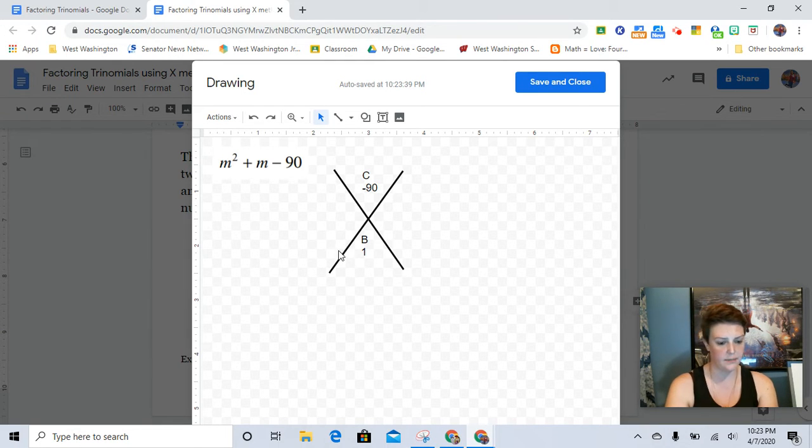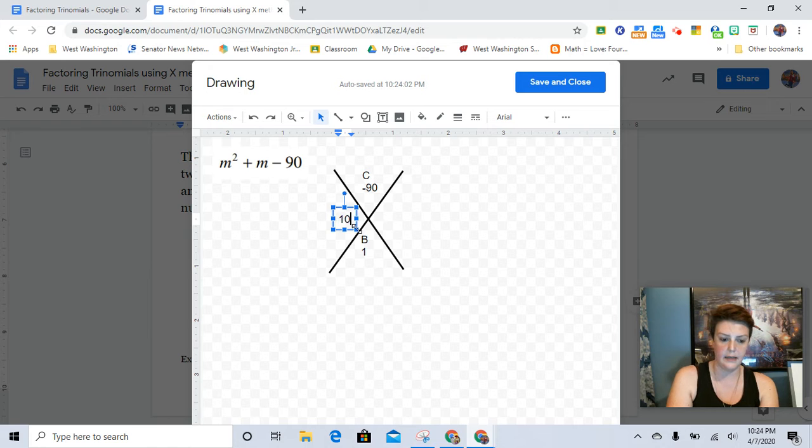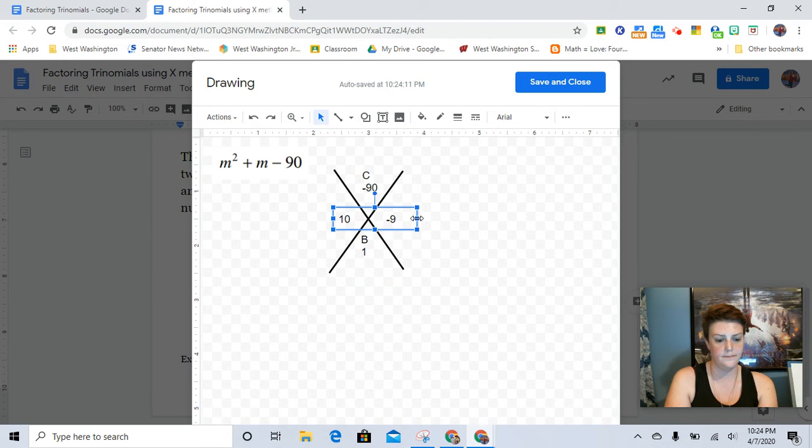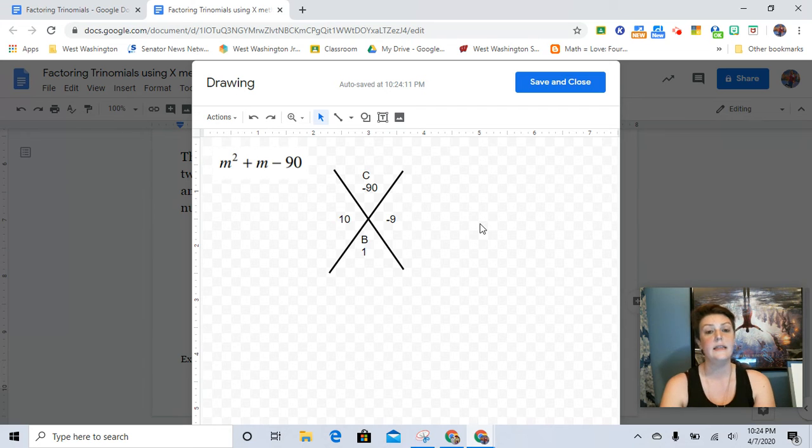Okay, if you need more time, you can pause the video. I'm going to go ahead and tell you. It is 10 and negative 9. There we go. 10 minus 9 is positive 1, and 10 times negative 9 is negative 90.